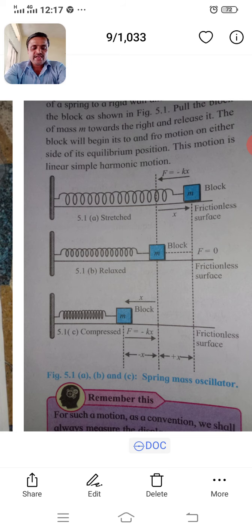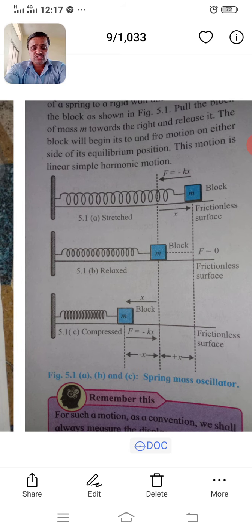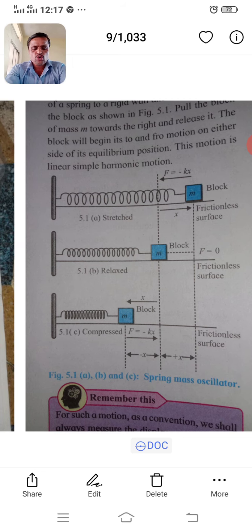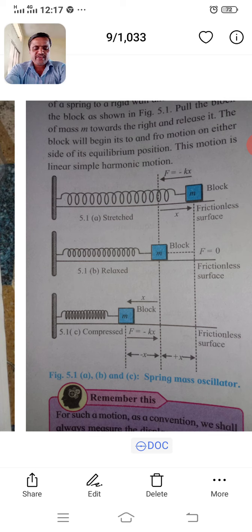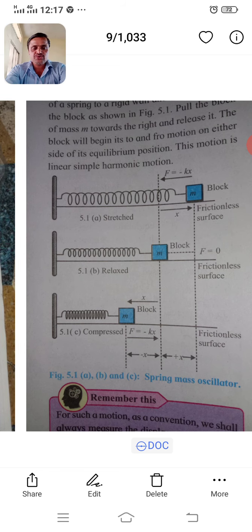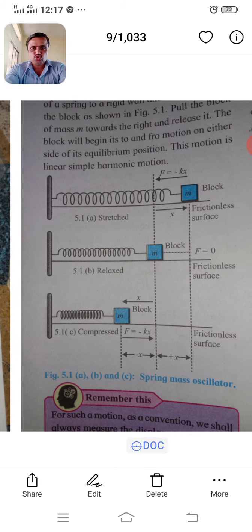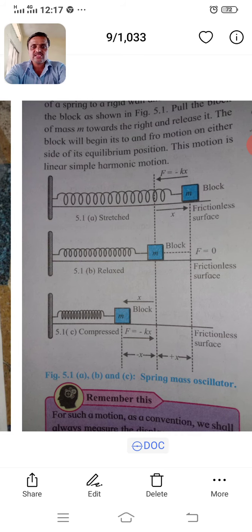At the mean position, the displacement and hence the force and acceleration are zero. So linear SHM is defined as the linear periodic motion in which the force or acceleration is directed towards the mean position and its magnitude is proportional to the displacement from the mean position. This is the linear simple harmonic motion.